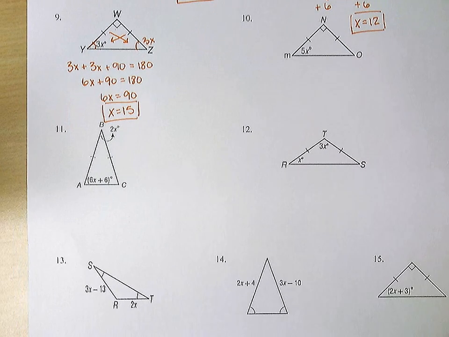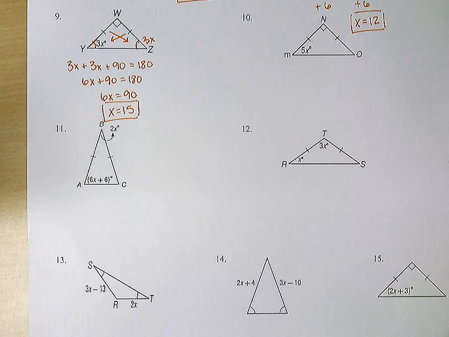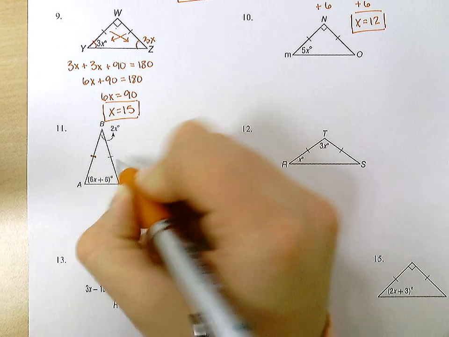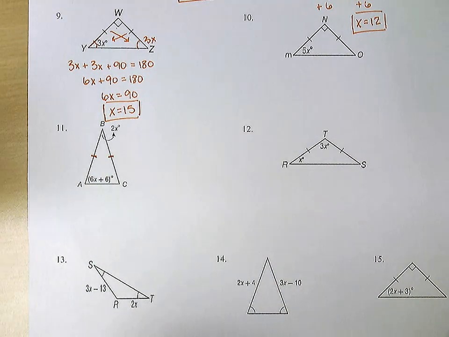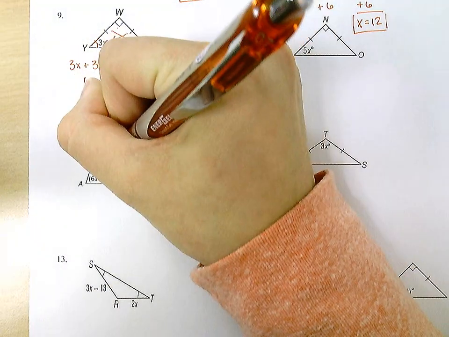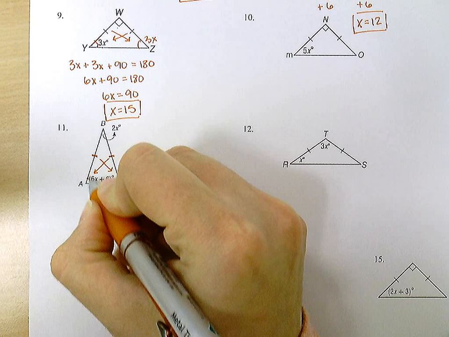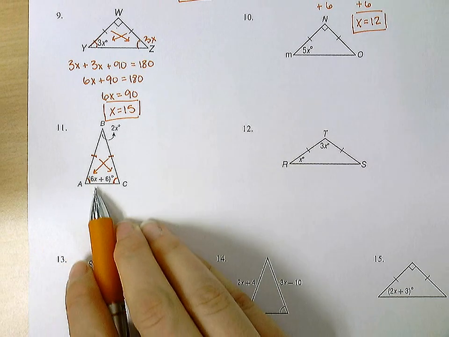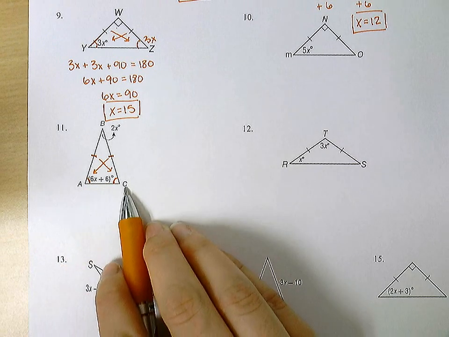Okay, number 11 is very similar to number 9. So in number 11, your given side AB is congruent to BC. Okay, so I'm looking for the angles across from those sides to be congruent. So if angle A is 6x plus 6, what is angle C?